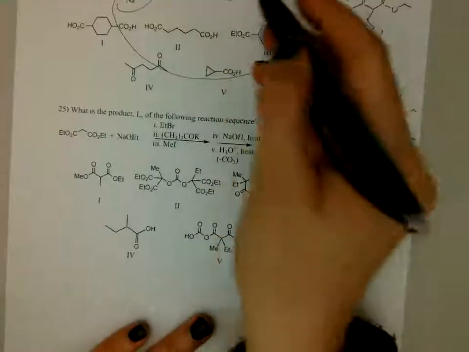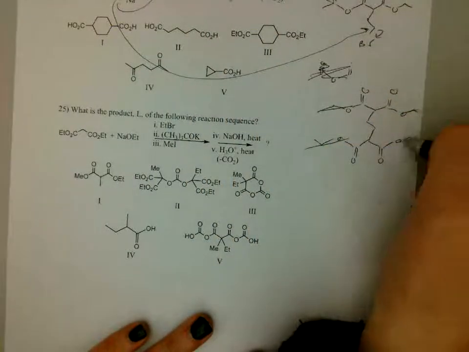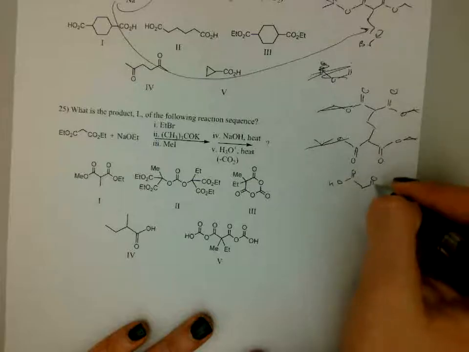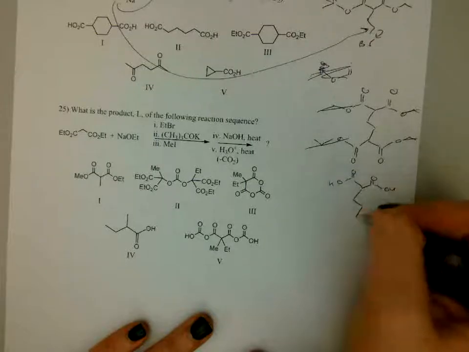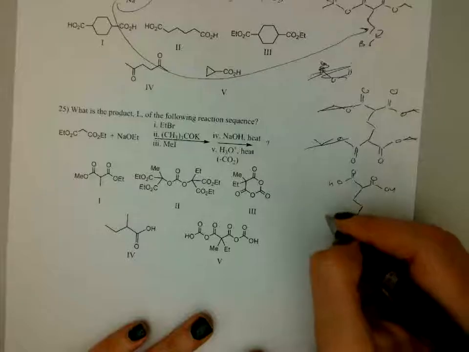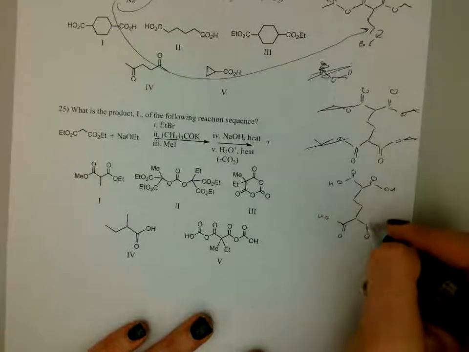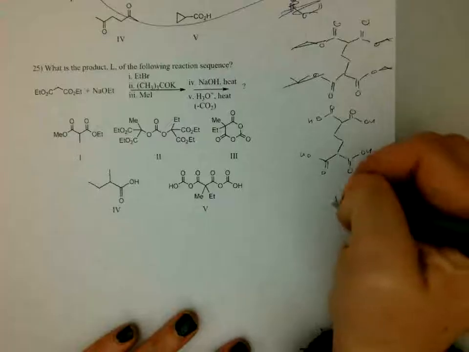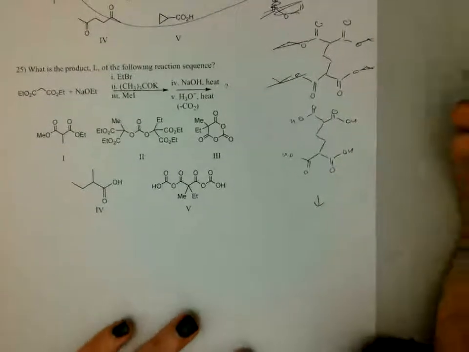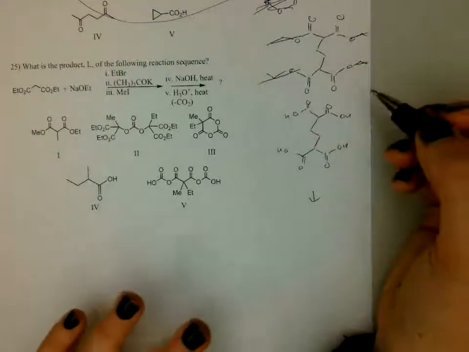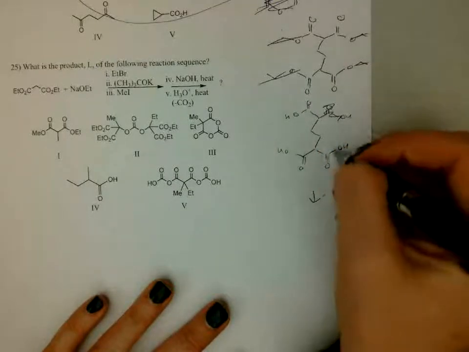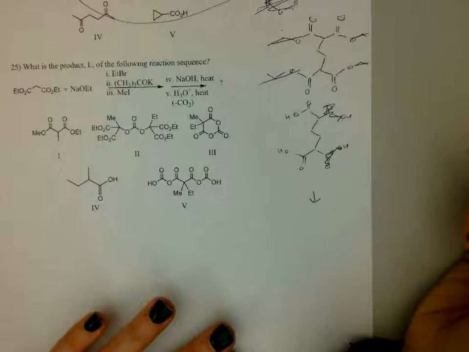And then all these are going to be reduced to OH groups. And then you have the decarboxylation with heat, minus CO2. So that's going to get rid of only one. You have to have the adjacent diketone. It's going to get rid of only one from each of the sides.